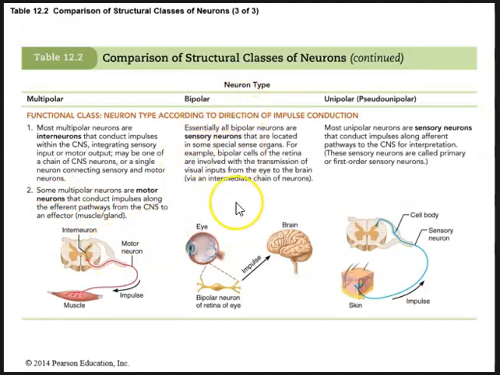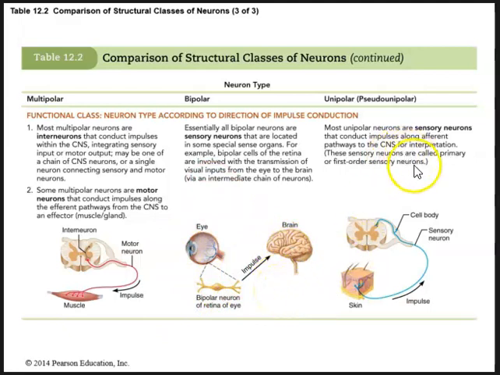And bipolar, all bipolar are sensory neurons located in some special sense organs. So we have them in the retina, and they will transmit their sensory input to the brain. Okay, so they carry signals towards the CNS.